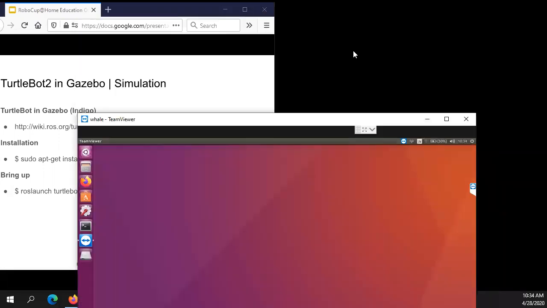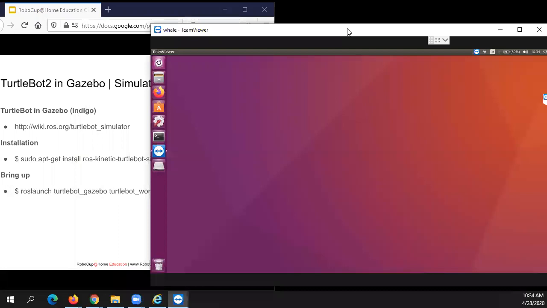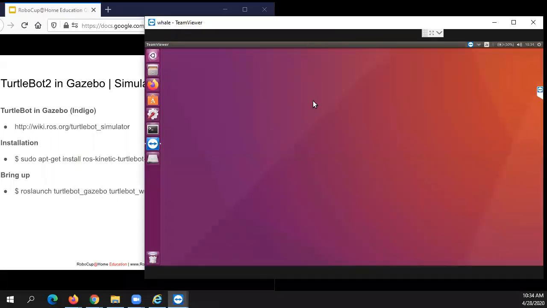I need a bigger view, so let's just try with this setting. We use this Gazebo simulator to simulate the environment, the robot, and the sensor. These are the three things that we need. The robot means the wheelbase, to give the movement for the robot. The sensor gives you the laser scan. And the environment is for the robot to move around and interact with.